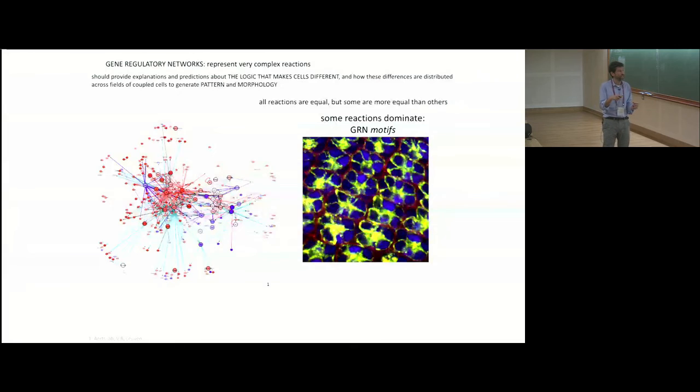So now the question that we have in the field is how do we go from here to a tissue like a Drosophila retina, where you have cells of different types arranged in spatial, stereotypical ways.